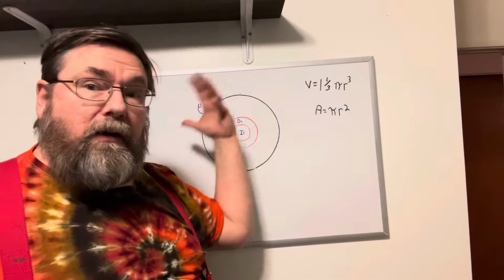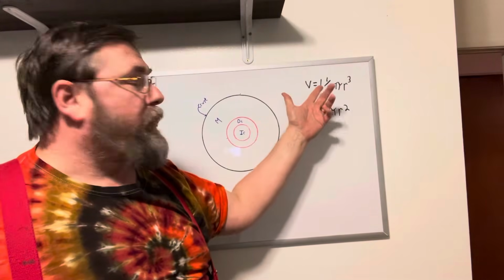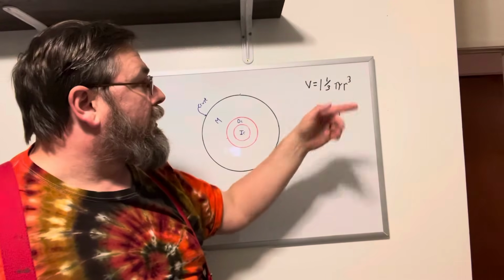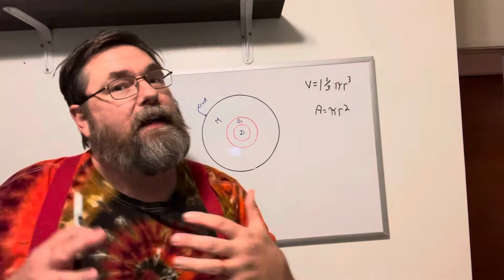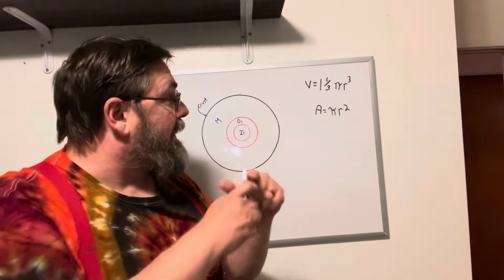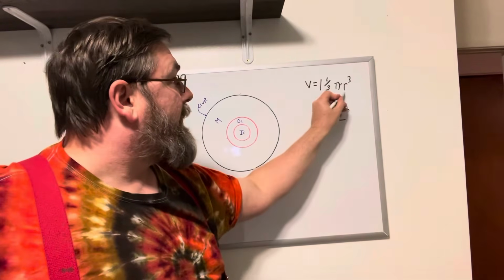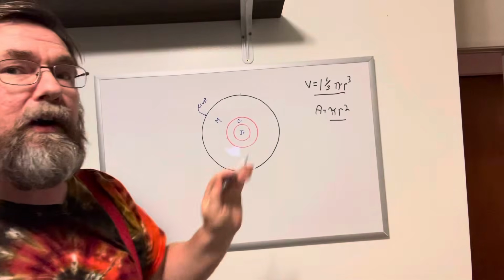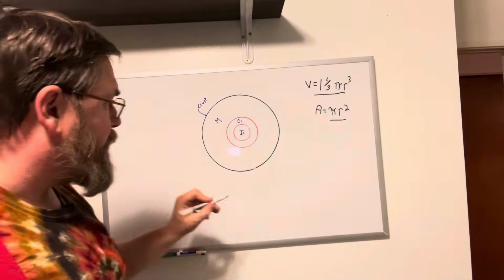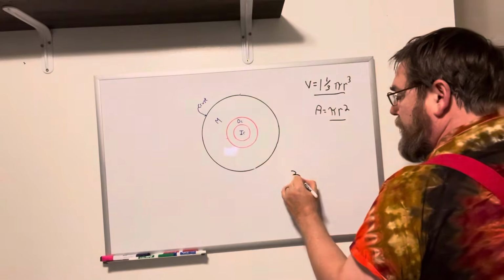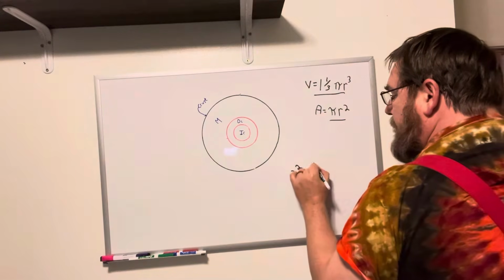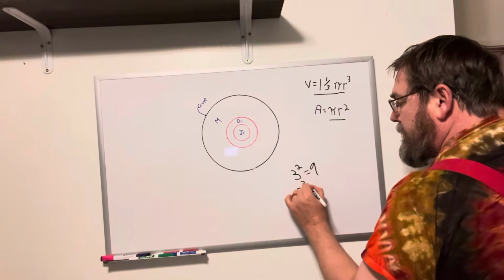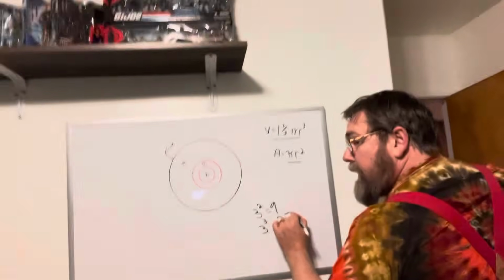The volume of a sphere is 4/3 pi r cubed. Just to give you an idea of how much that increases things from this to this, let's do a couple of simple things here. If you take 3 and square it, you get 9. You take 3 and cube it, you get 27.